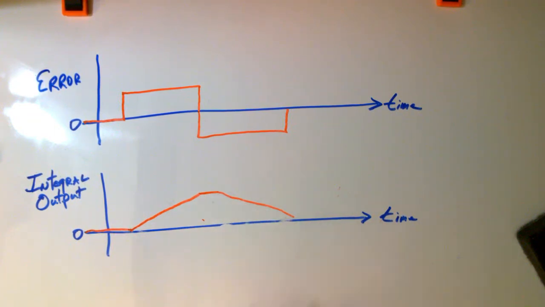It can go negative, but as long as the error is there, the output of the integrator in the PID controller will continue changing. Once the error drops back to 0, the integral will stop changing, and it will sit at its last value until something else happens.